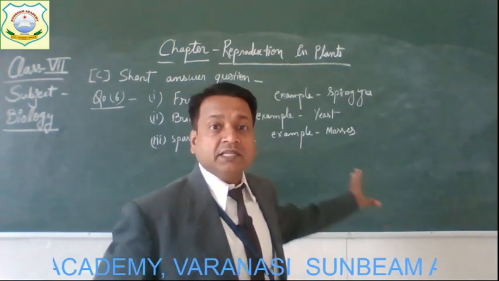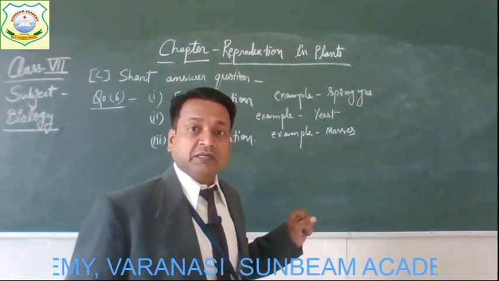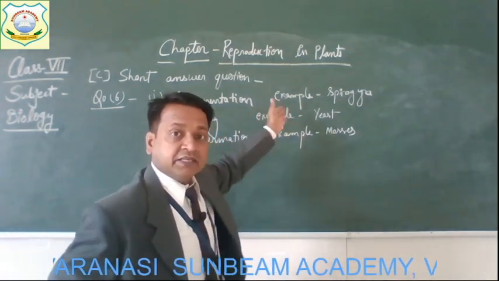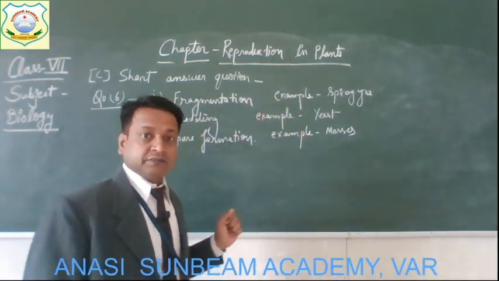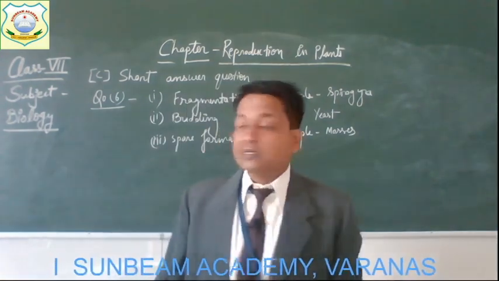So these are the three different kinds of asexual reproduction in plants, and the examples of these methods are also given here. Now come to the next, question number 7.